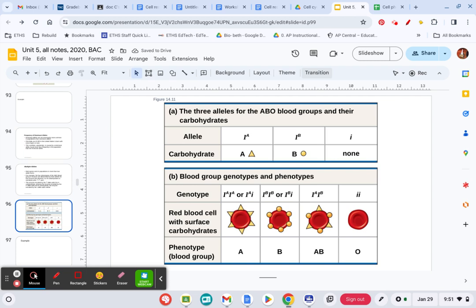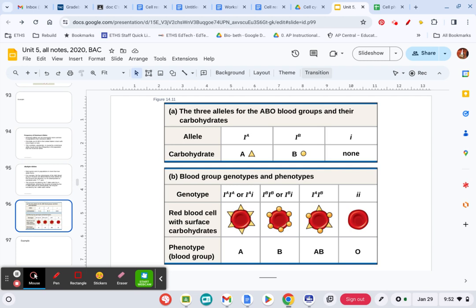And it's just, these are kind of made up, but they illustrate the point, which is the different blood types that you can have are that way because the alleles are producing a specific carbohydrate that attaches to the cell membrane of the red blood cell.